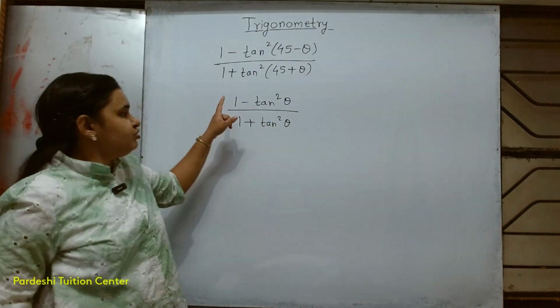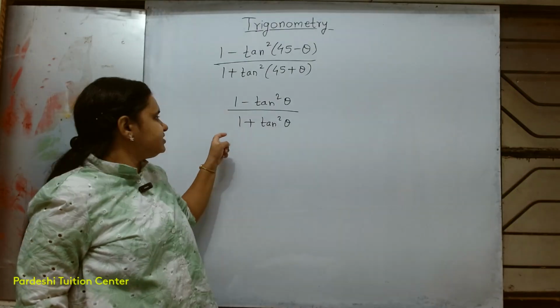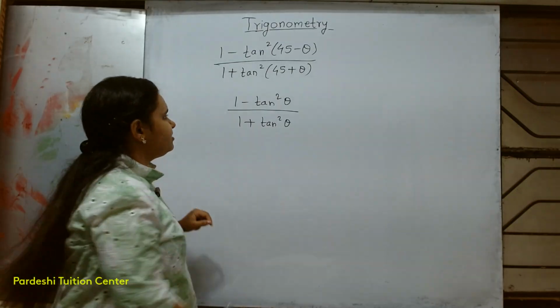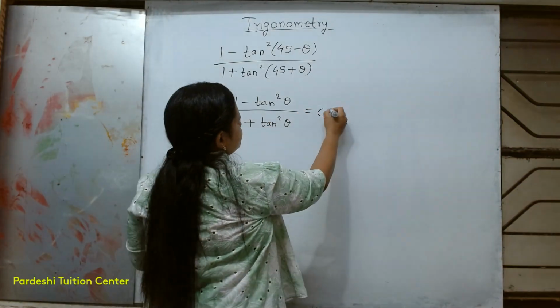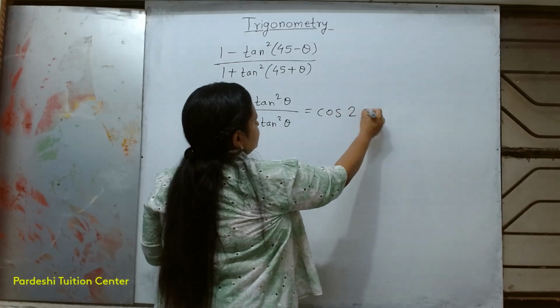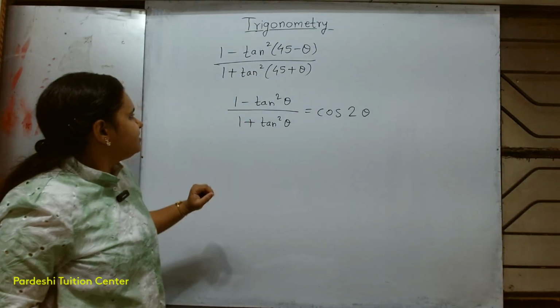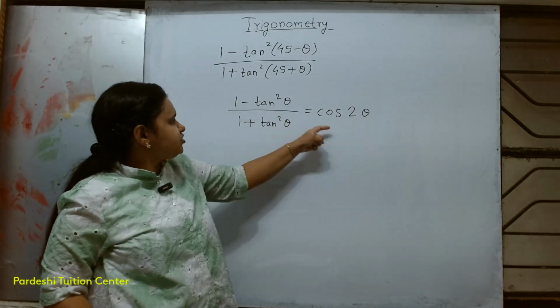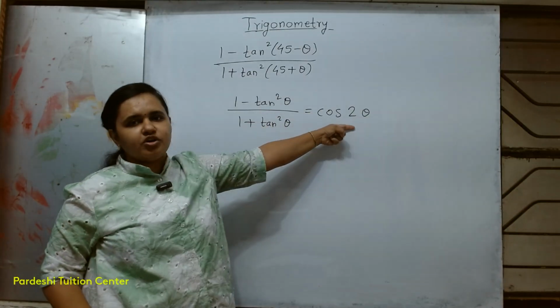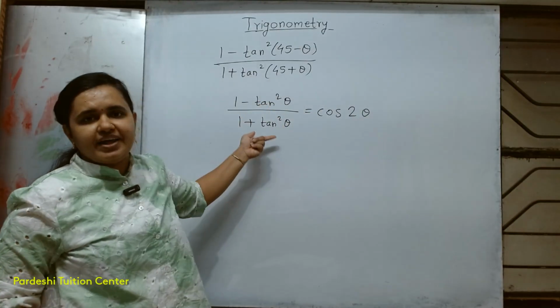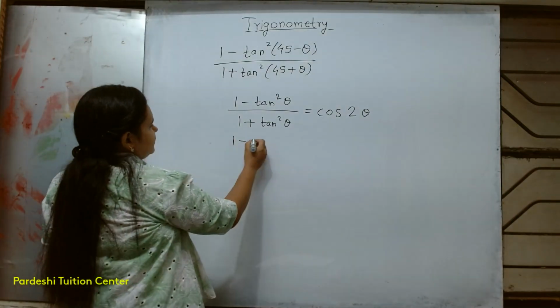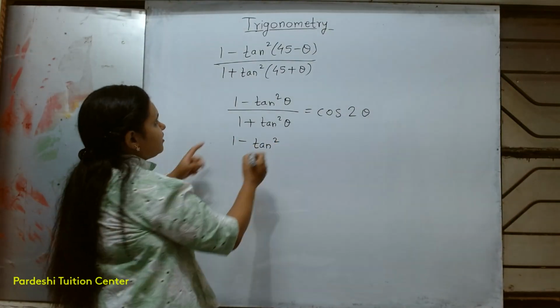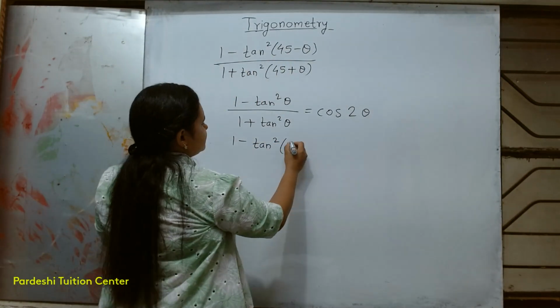Do you remember whose formula is this, 1 minus tan square theta upon 1 plus tan square theta? It was the formula of cos 2 theta. Okay. If we take theta as 45 minus theta, then it is the formula of cos 2 theta. We will put in the values.